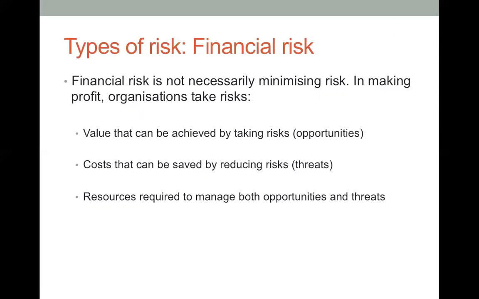Here remember we define risk as the effect of uncertainty. Since it is uncertain, it may be positive, it may be negative, right? Based on the environment that we analyze. Okay, the favorable environmental forces will bring opportunities to us.